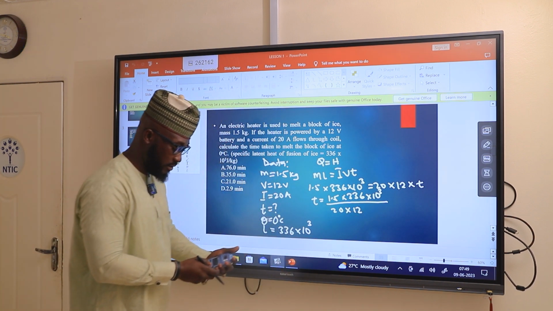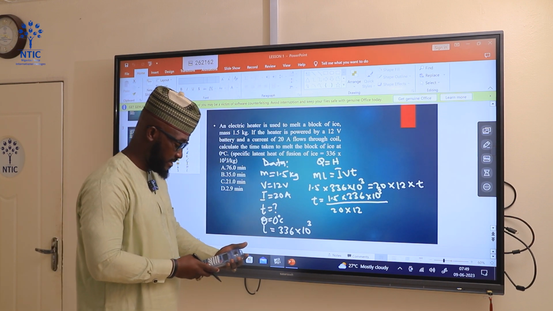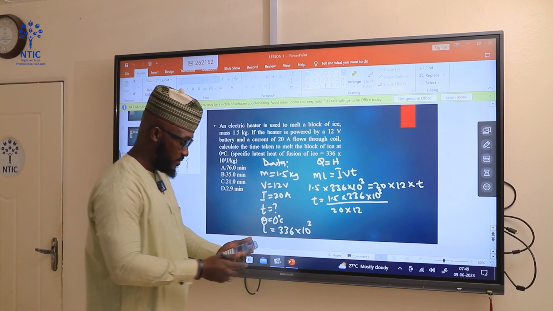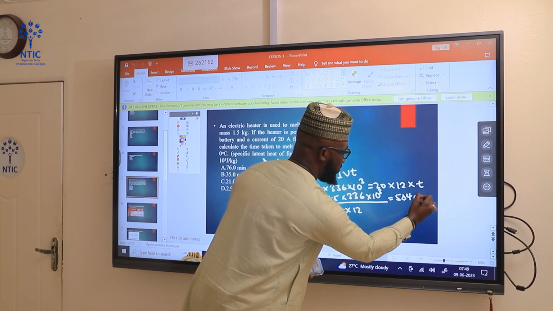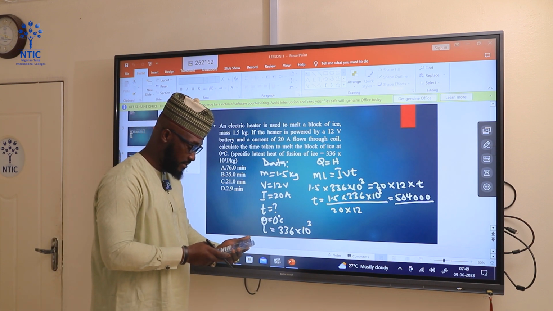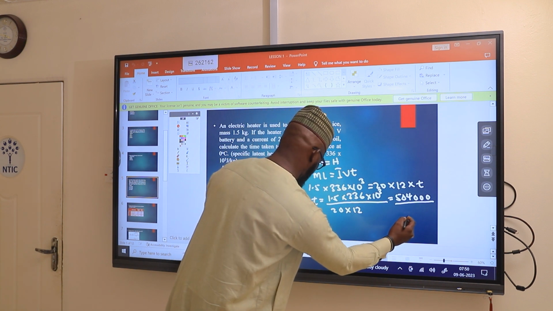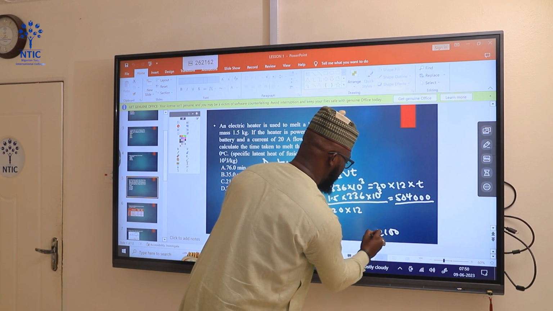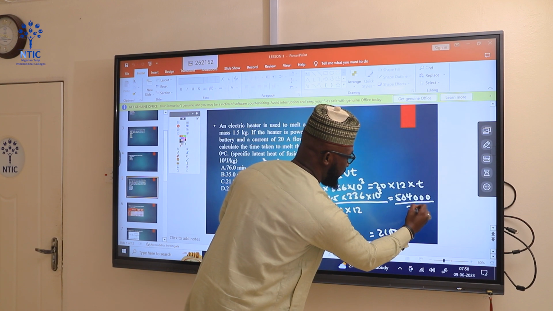When you do this using your calculator, you have 1.5 times 336 exponential 3, which gives 504,000 all over 20 times 12. Our final answer will give us 2100.